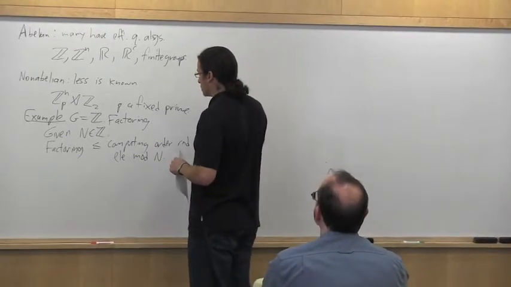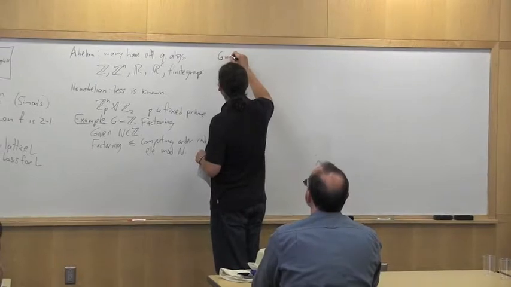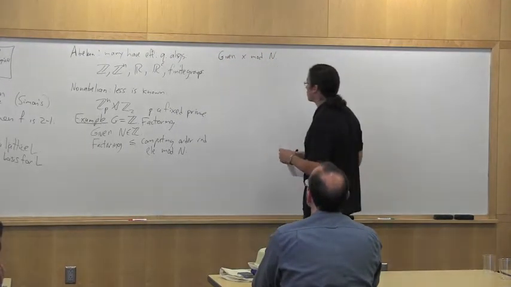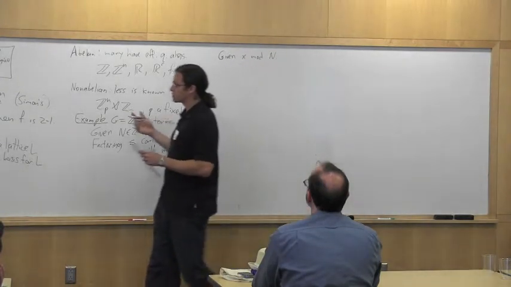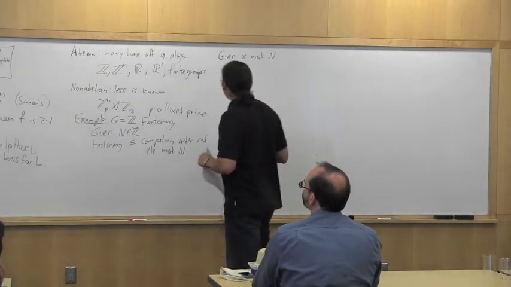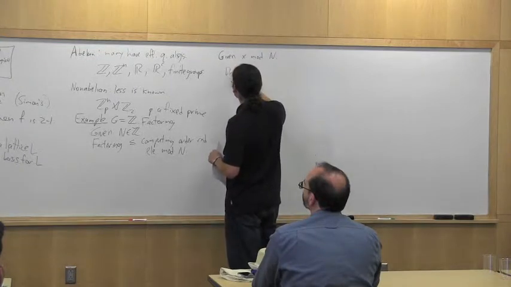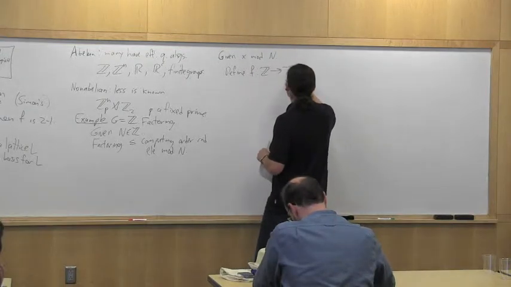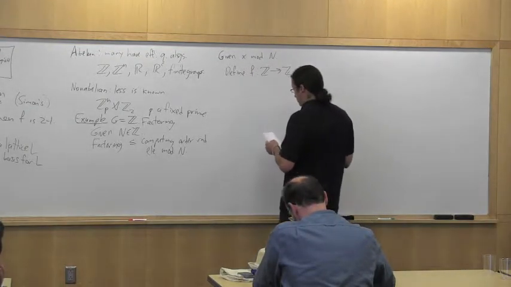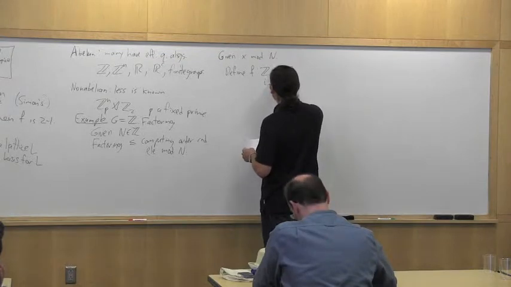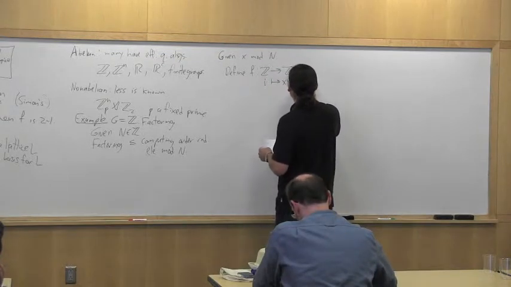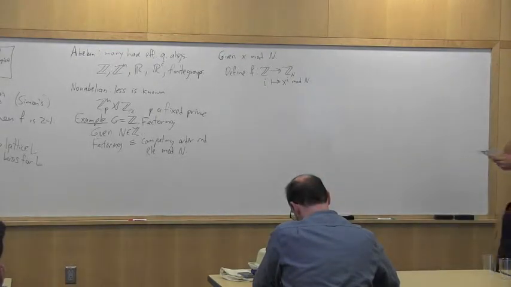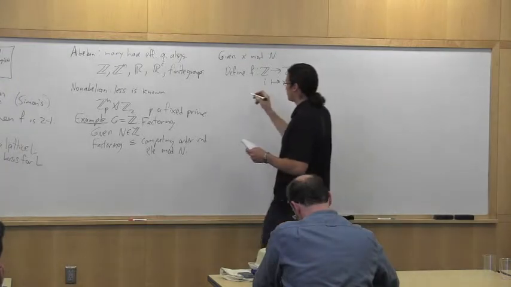Let's say we're given some element x mod n. We'd like to know the order. We want to define a function that has these properties where the hidden subgroup reveals the order. So let's define a function f from the integers to the integers mod n, and we'll map i to x to the i mod n. And this is an HSP instance.